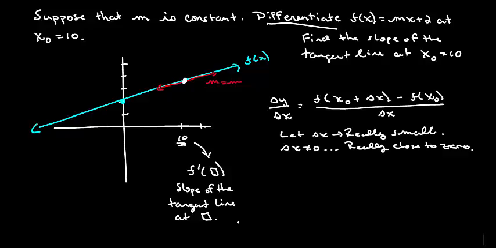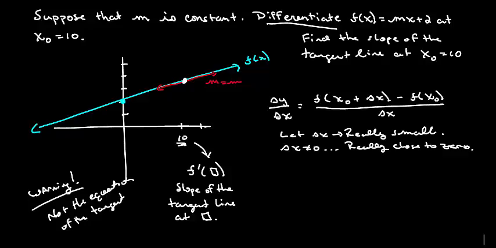It's not the equation, so this is a big warning. Not the equation of the tangent line. Just the slope. So whatever number I plug in here, f prime is going to give us out the slope of the tangent line, which we should get out m here.